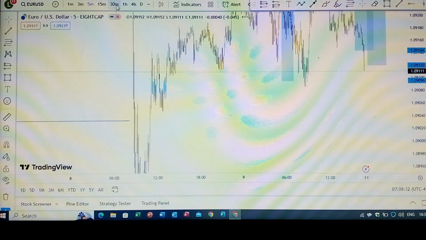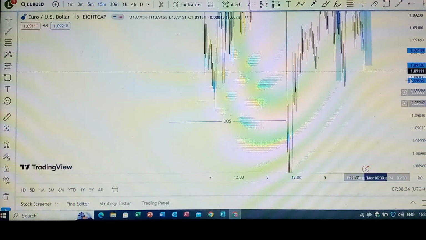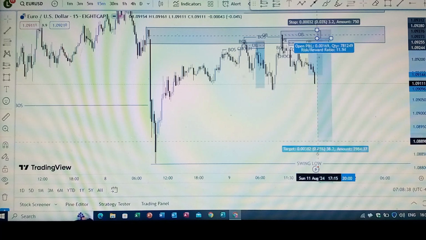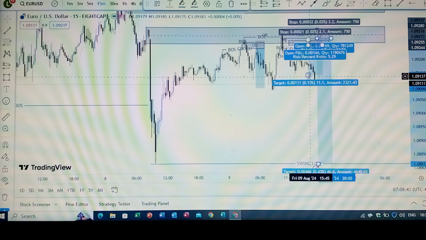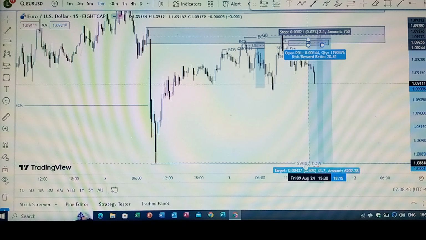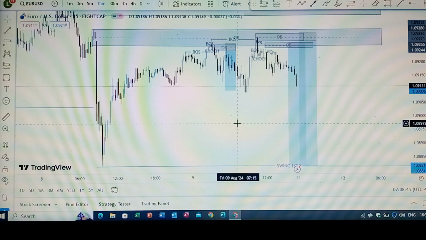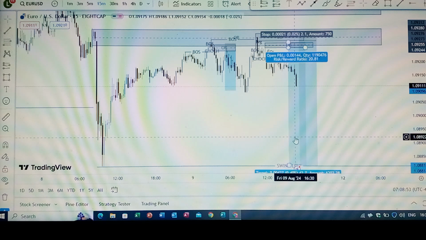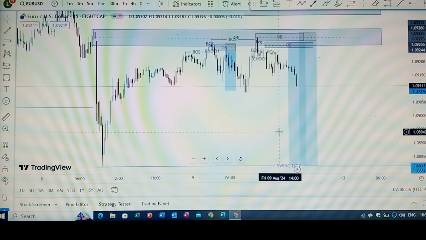You target your 15-minute lows after taking a 1 to 5 trade, and you hit that first TP of 1 to 5 as your bread and butter, and you leave the rest for TP. So 80% at 1 to 5, and then you leave the remaining 20% to target the lows.